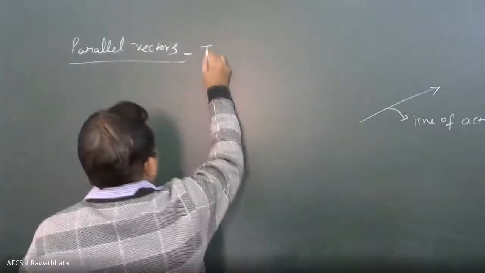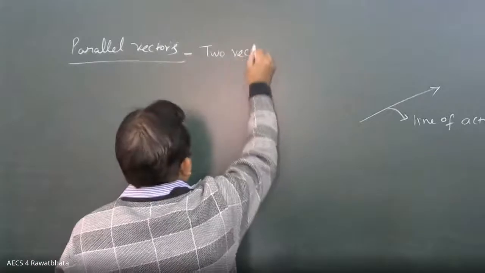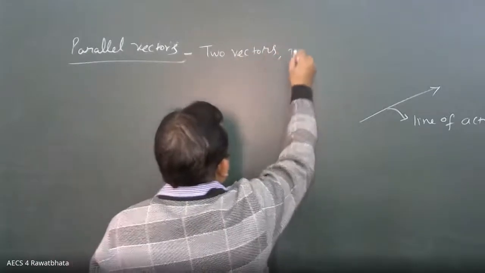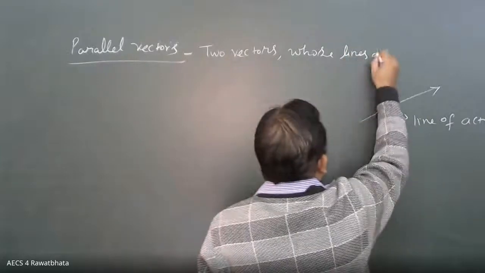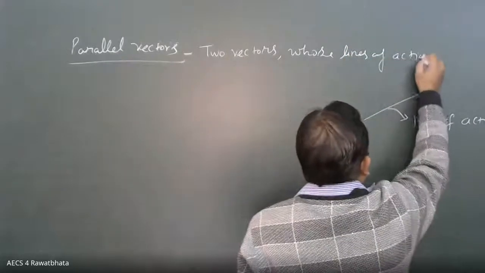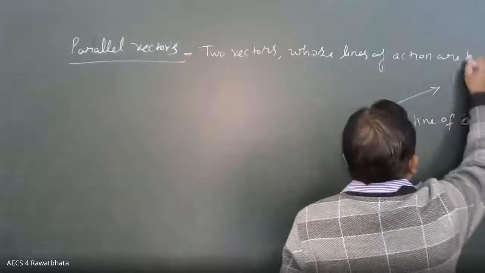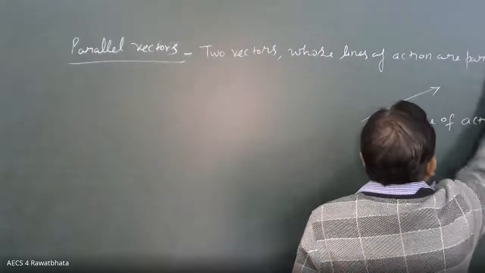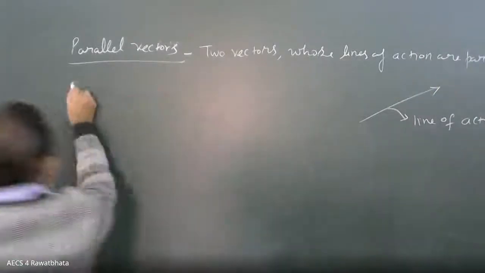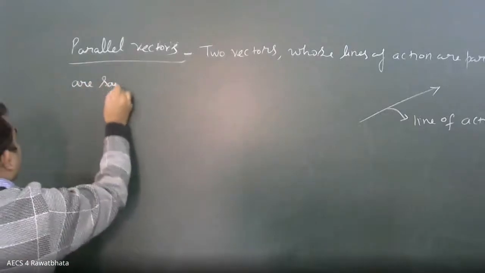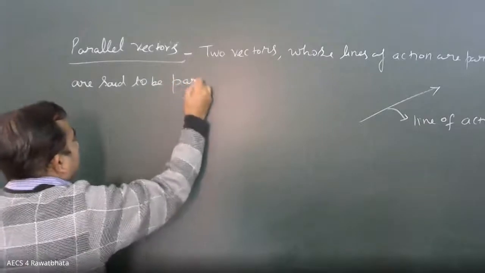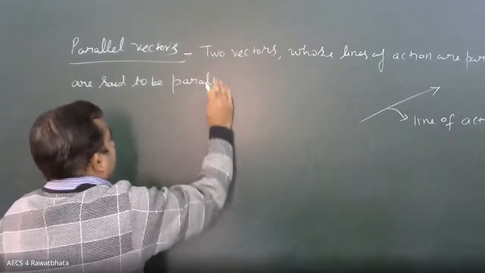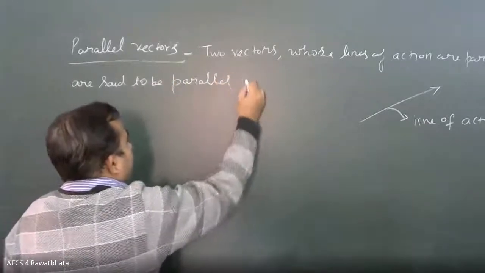So two vectors whose lines of action are parallel are said to be parallel vectors.